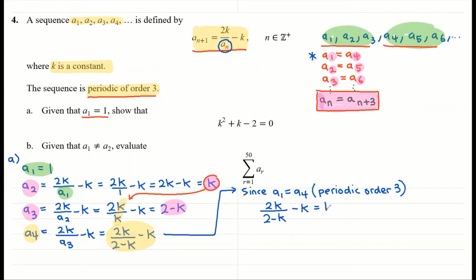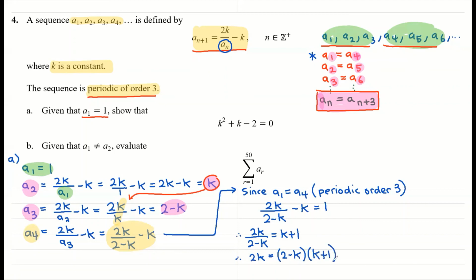Now, if we manipulate the algebra, hopefully we'll get a quadratic here. So let's multiply everything by 2 subtract k. In fact, I'm going to add k to both sides first. So we're going to have 2k divided by 2 subtract k is equal to k plus 1. Therefore, 2k is equal to 2 subtract k multiplied by k plus 1.